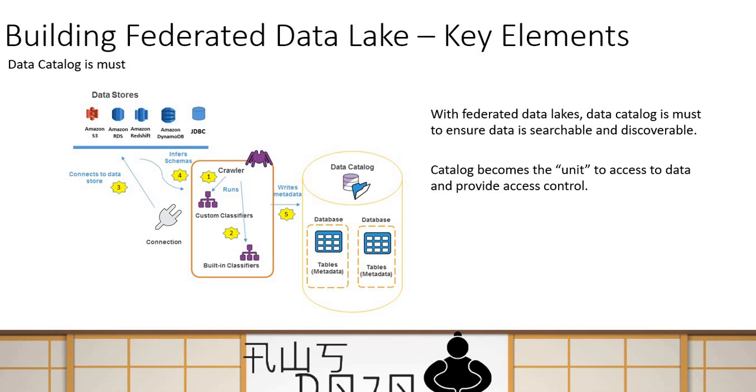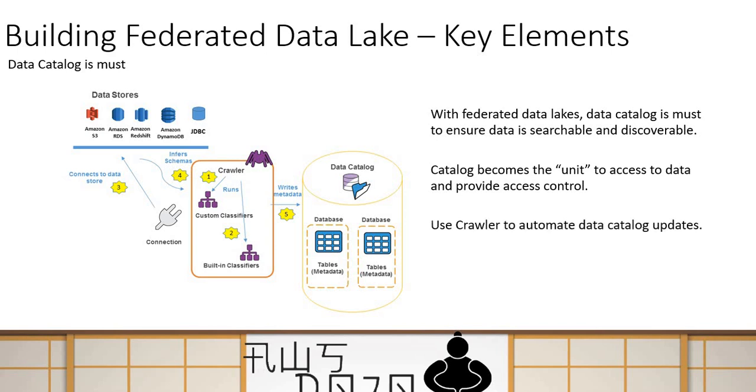I need some way to go to the sales data lake and see the customer catalog there, and then I can say, give me access to the customer catalog, and then I might make a query to see which are my top 10 selling customers. So the unit of access here is the customer data, and that access is given through the customer catalog in the sales database.